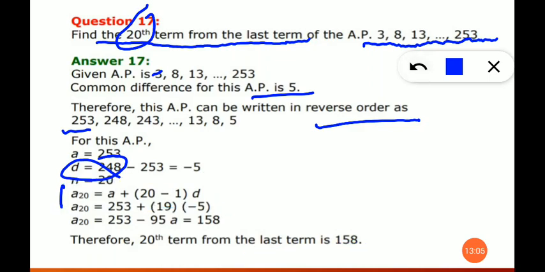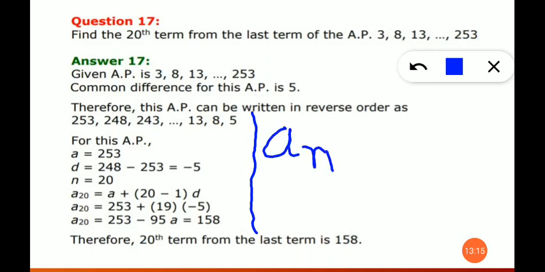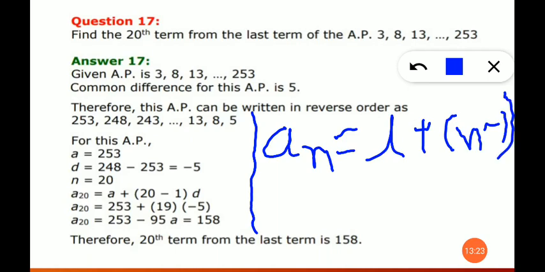Or you can learn a new formula also, which will be like this. An is equal to l, where l means last term, plus n minus 1, same, and instead of d we will write minus d.